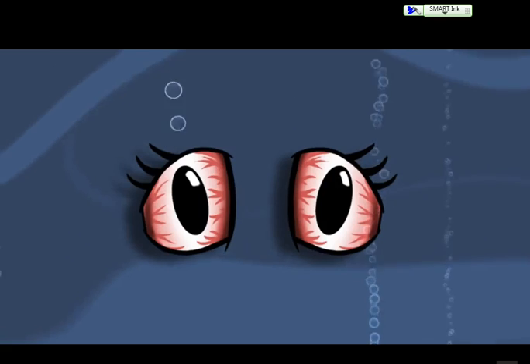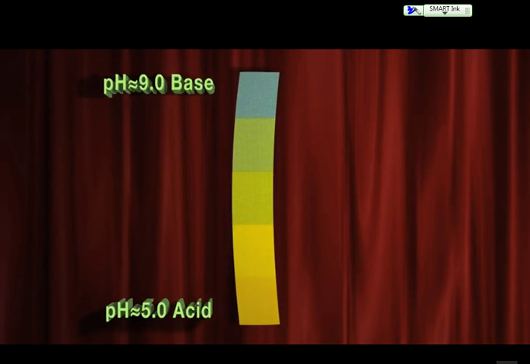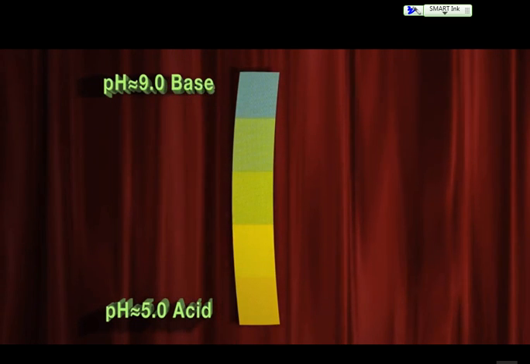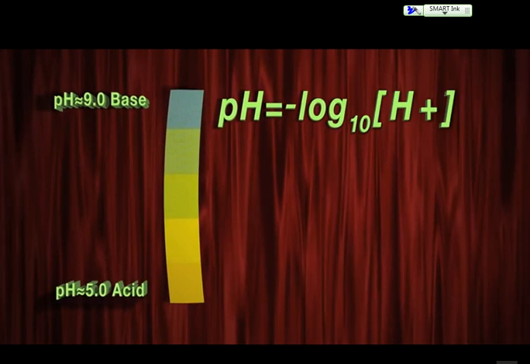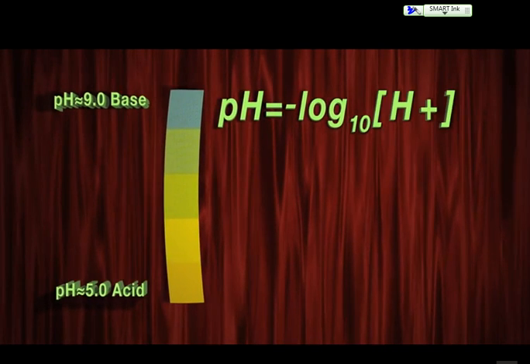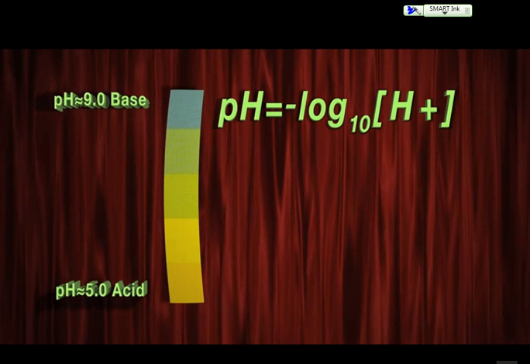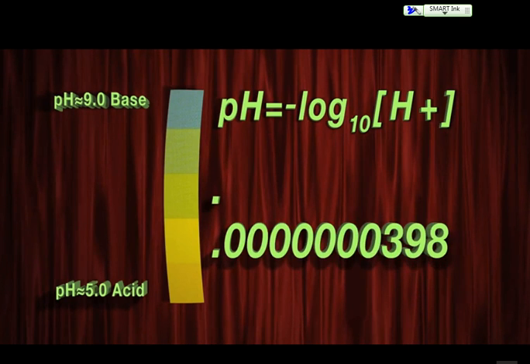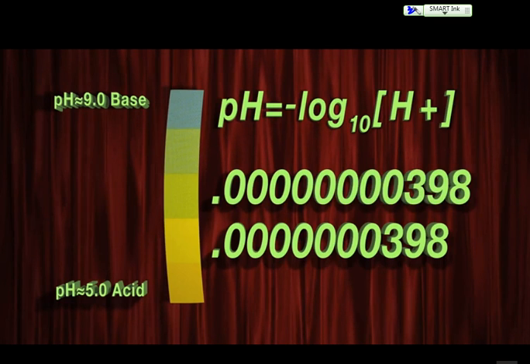Well, it leads us into an interesting use of logarithms in chemistry, finding the pH of water samples. pH tells us how acidic or basic a sample is, and can be calculated with the formula pH equals negative log base 10 of the hydrogen ion concentration, or H+. We can find the pH of a water sample with a hydrogen ion concentration of 0.0000000398.